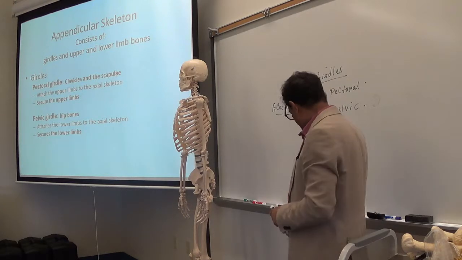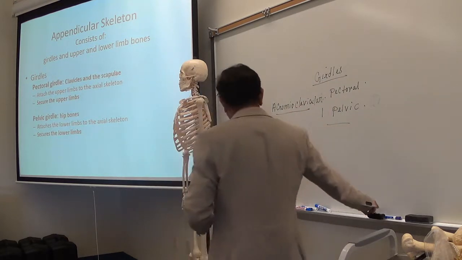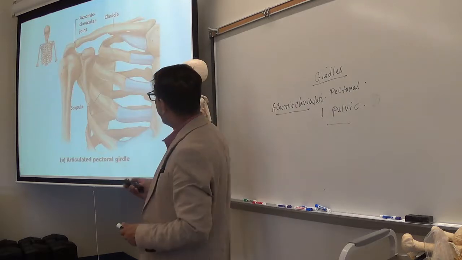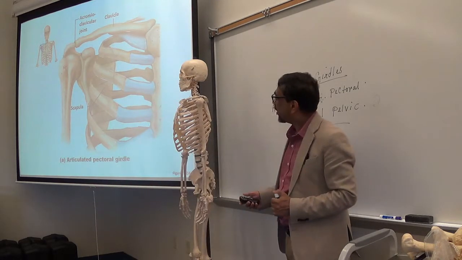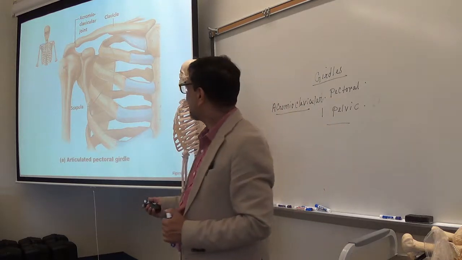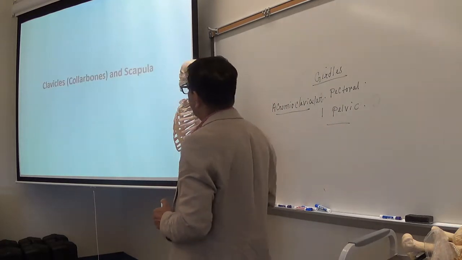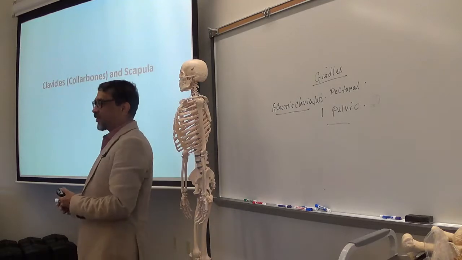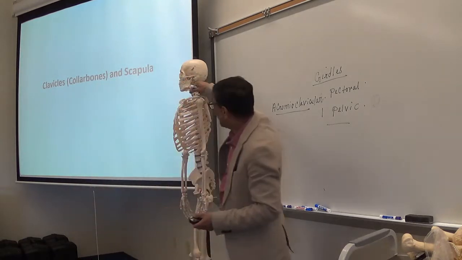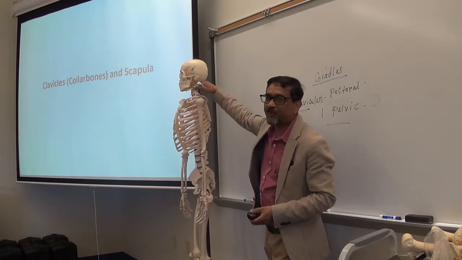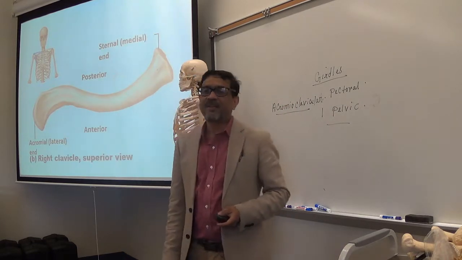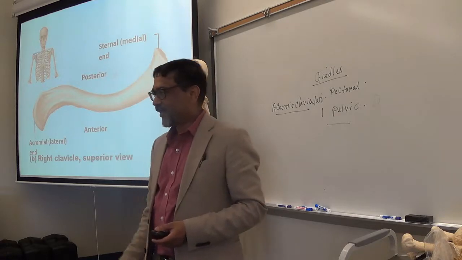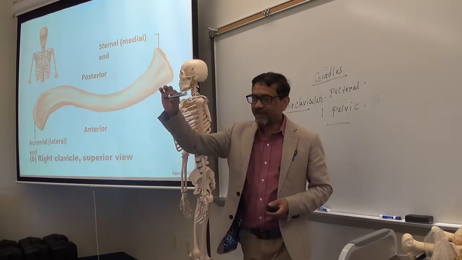Okay, so now let's see. Here we see the acromioclavicular joint. First, we'll see those two bones, clavicle and scapula, the pectoral girdle bones. This is a clavicle, placed horizontally in your body, right?